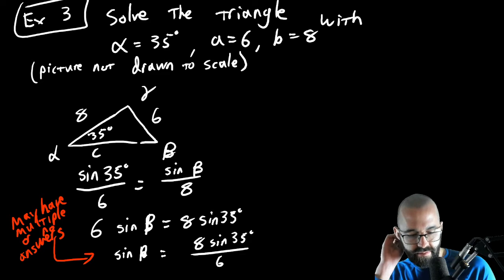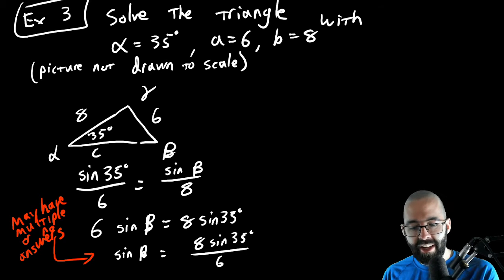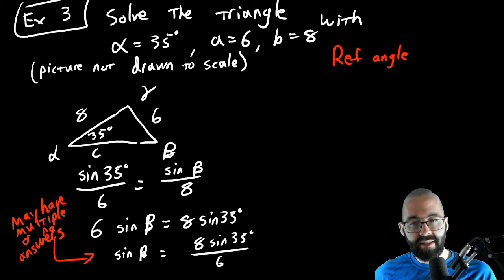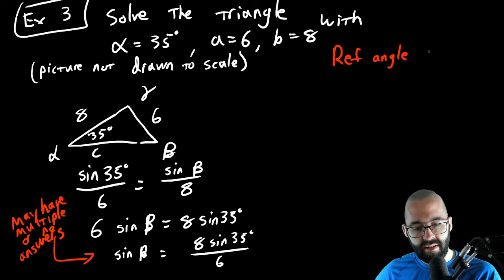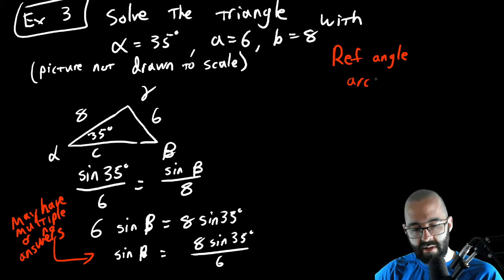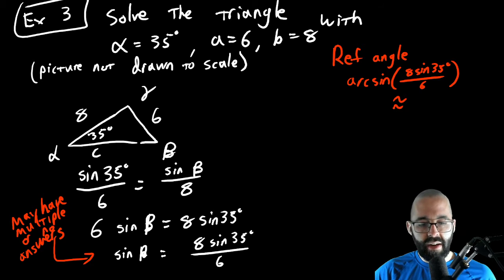So, what reference angle, again, going back to 9.5, what reference angle gives us this behavior? Well, that's going to be the inverse sine of 8 times the sine of 35 degrees divided by 6. That's going to give us our reference angle.